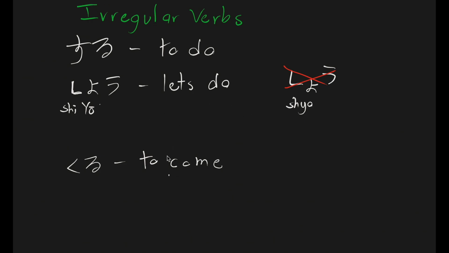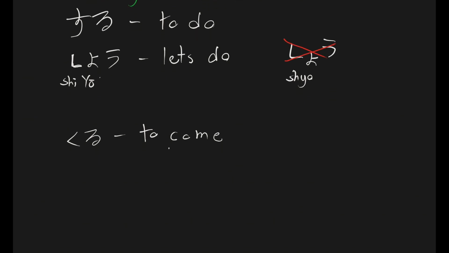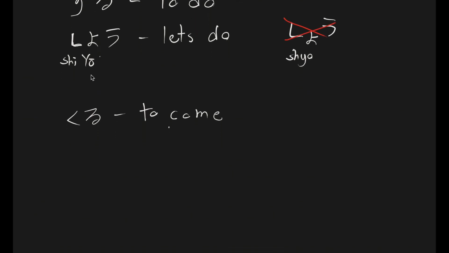So now let's go to our final irregular verb, which is kuru, to come. So the volitional form of kuru is koyo. Let's come. So koyo is a little bit easier to not mess up, just like quickly reading.